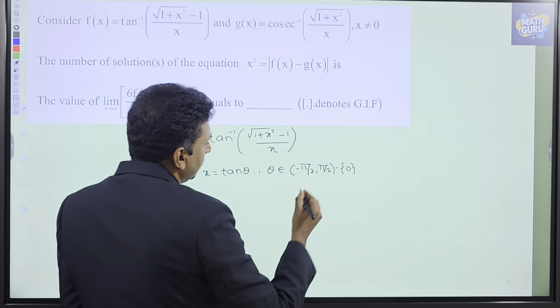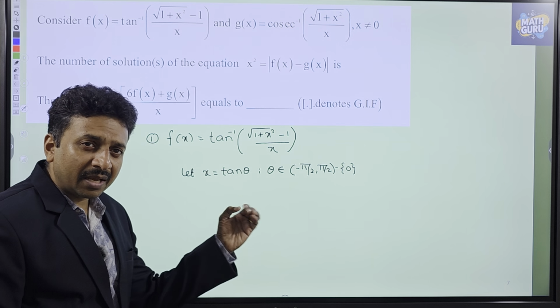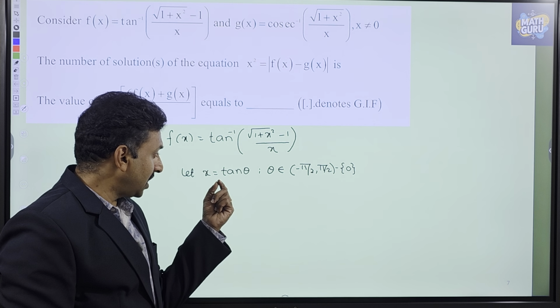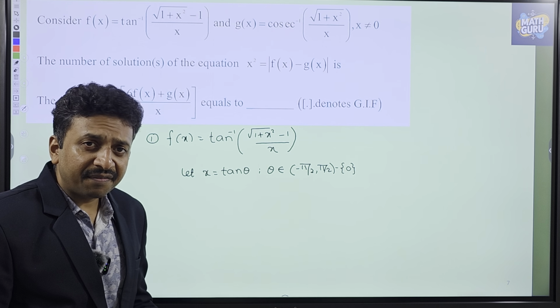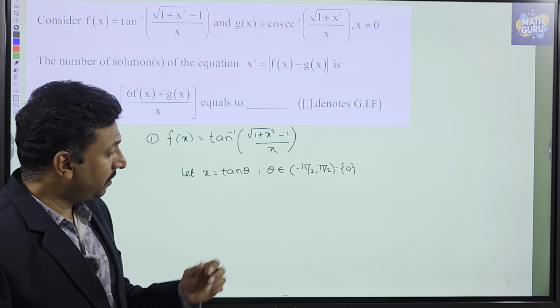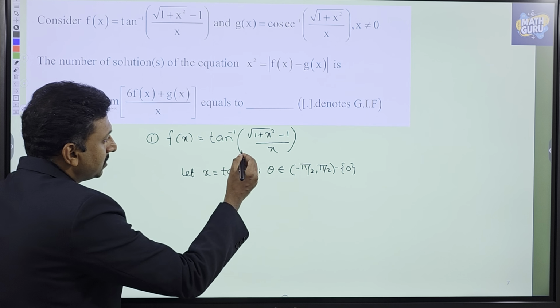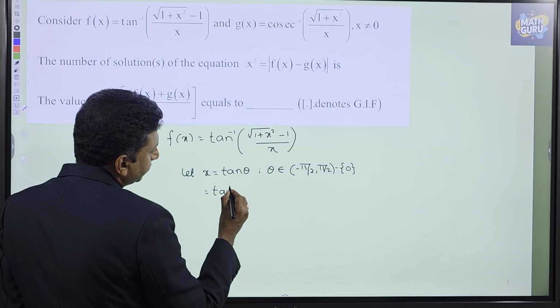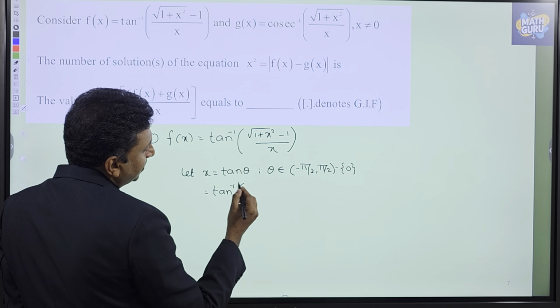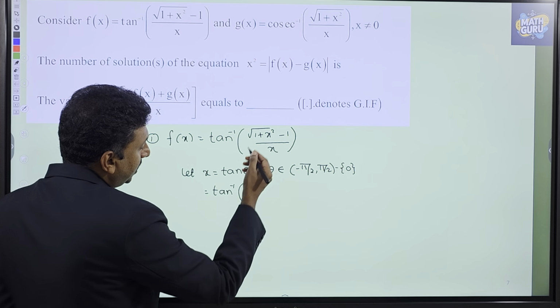If x is positive, I'll find some angle between 0 to pi by 2 such that x equal to tan theta. If x is negative, I'll find some theta in the fourth quadrant for which x equal to tan theta. So this will become tan inverse of root of 1 plus x square, and 1 plus tan square theta is secant square theta.